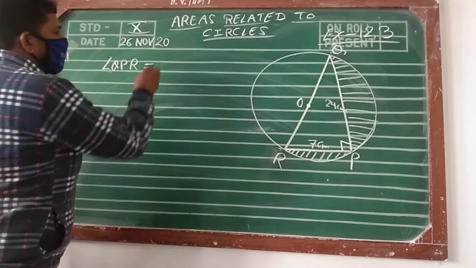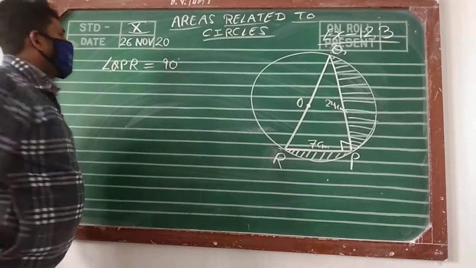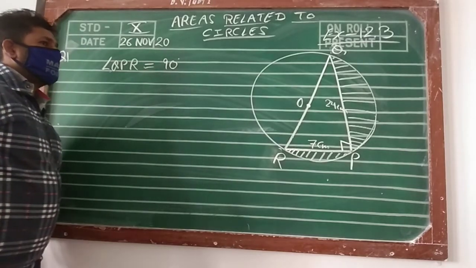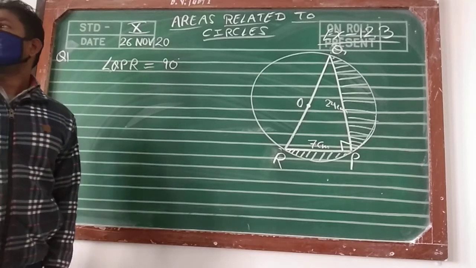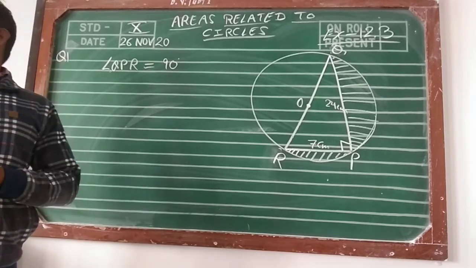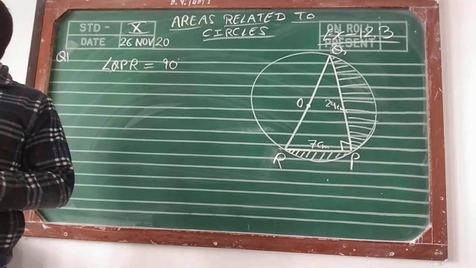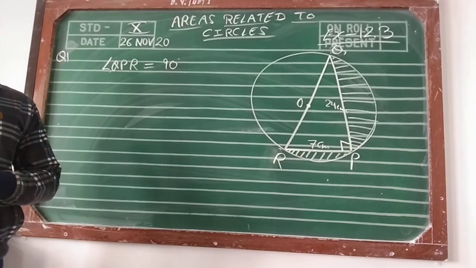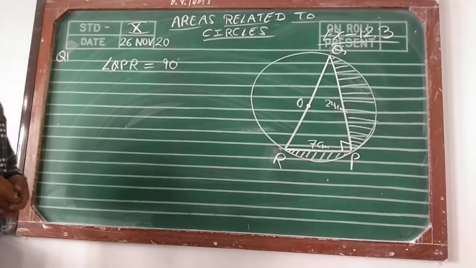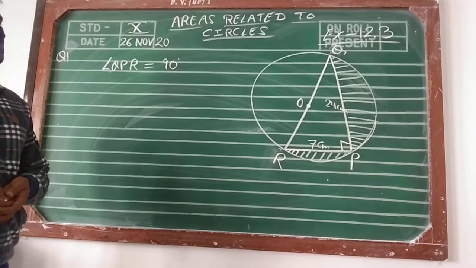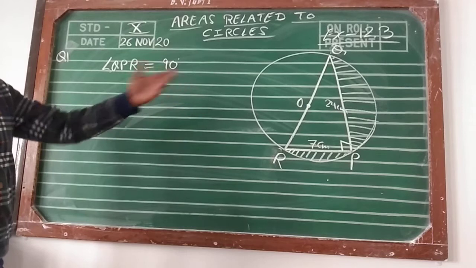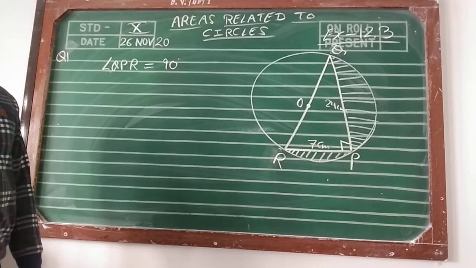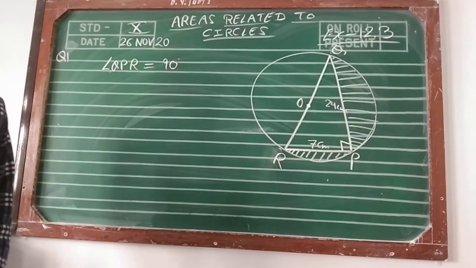Any other student who will tell me the reason? Any semicircle, so diameter opposite. What do we know?